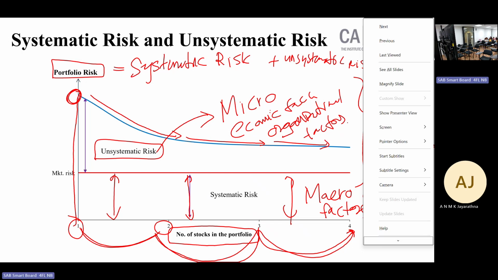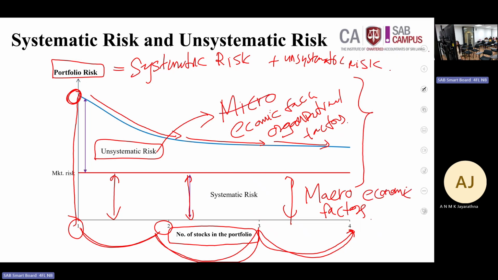Macroeconomic factors and then the organizational specific factors. If you are confused about the microeconomic factors, just write down organizational specific factors. This is undiversifiable, but this is diversifiable. Macroeconomic factors lead to the systematic risk, and organizational factors lead to the unsystematic risk.